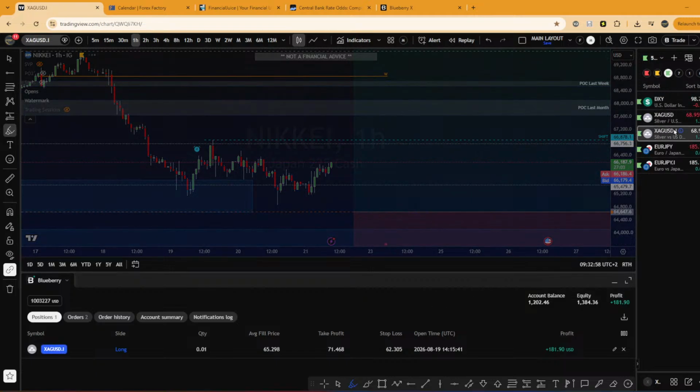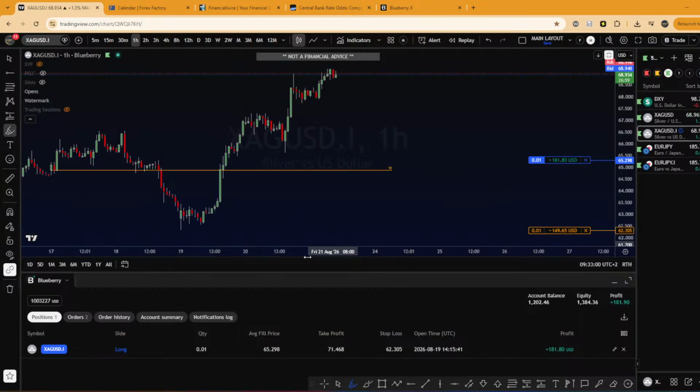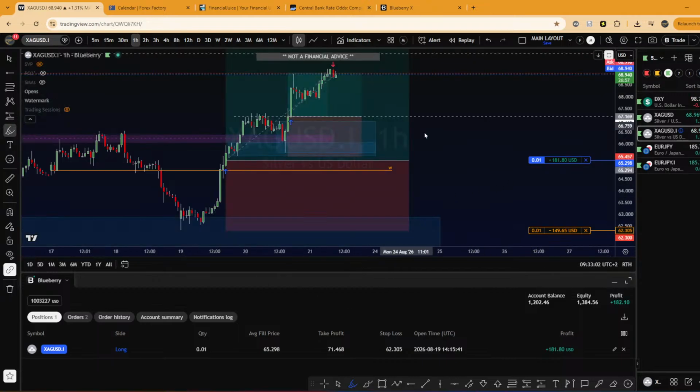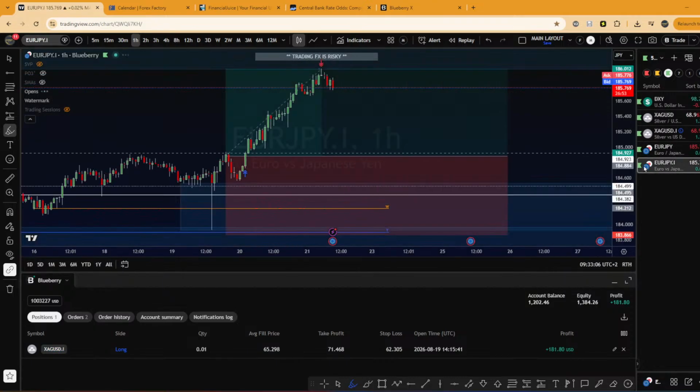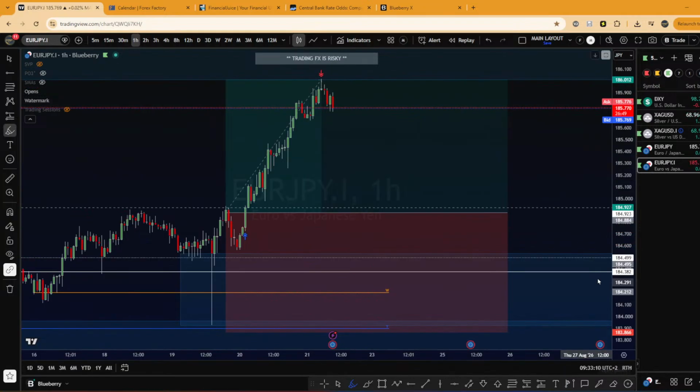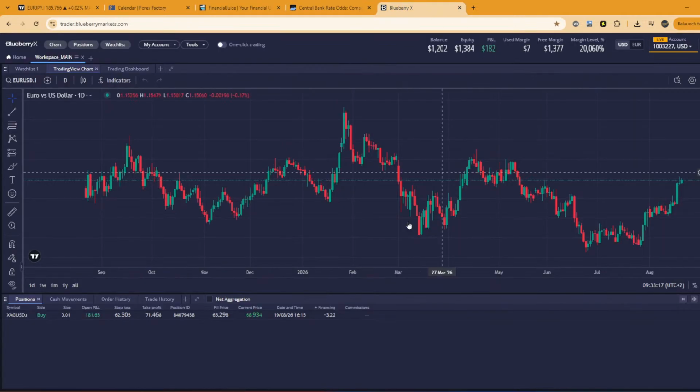I'm currently in on silver, as I explained, and I closed the Euro JPY trade this morning. I closed it somewhere here. You see this arrow? I will show. This is my broker.